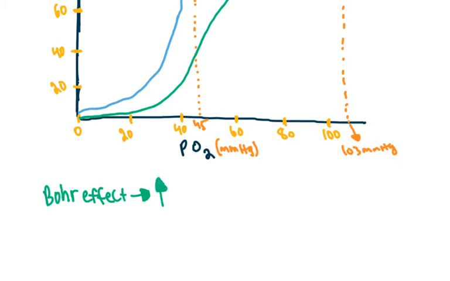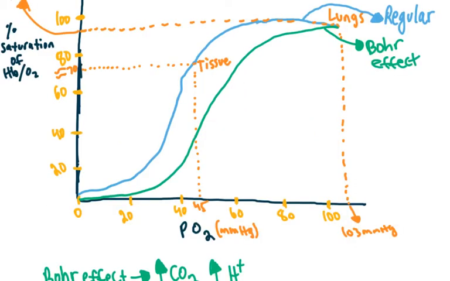So the Bohr effect caused increased CO2 levels and increased H plus levels, which led to competition for oxyhemoglobin, kicking out oxygen and reducing the percent saturation of oxygen to hemoglobin even more. If we reduce the oxyhemoglobin, more oxygen will diffuse into the muscle cell, which means we will have less oxygen to hemoglobin saturation, a lower percentage value on the y-axis.